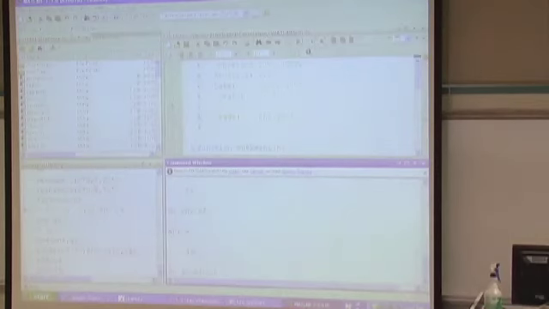Power mod: 8 to the power of 1 is obvious, power of 2, and then mod 111, right? It is not 1, right? And then power of 3, power of 4, power of 5, power of 6, power of 7.